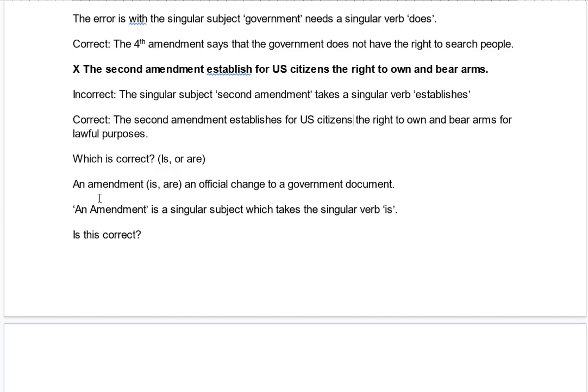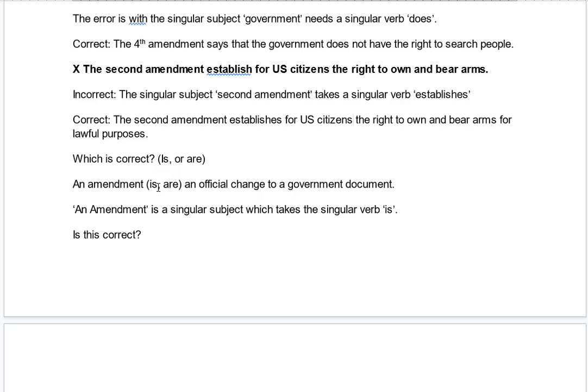Whenever you have an apple, a book, an amendment, every time you see this indefinite article, it always signals something that's singular. As soon as you see an amendment, an apple, or a book, you know it's singular. So singular subject, amendment, takes the singular verb is.